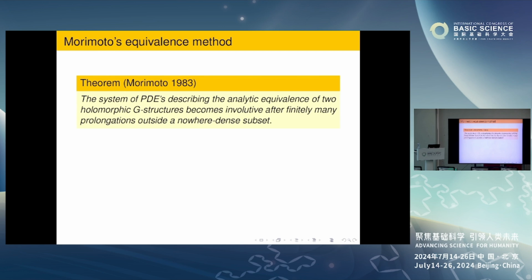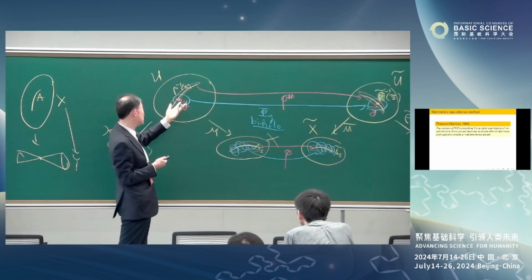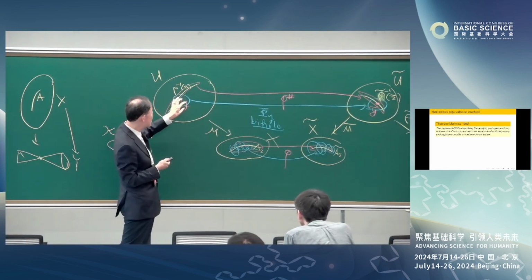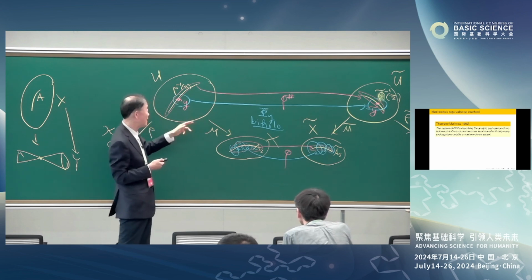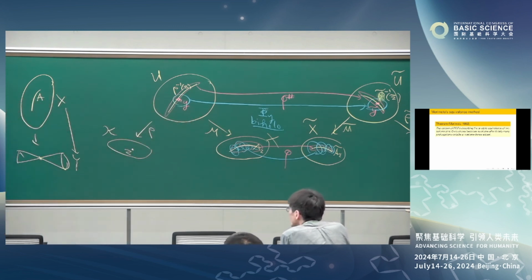So this formal equivalence respecting the double fibration guarantees existence of a biholomorphic equivalence respecting the double fibration if you choose these points sufficiently general.